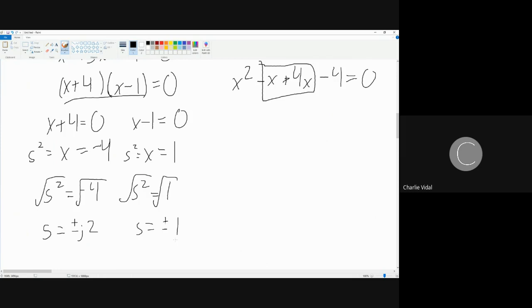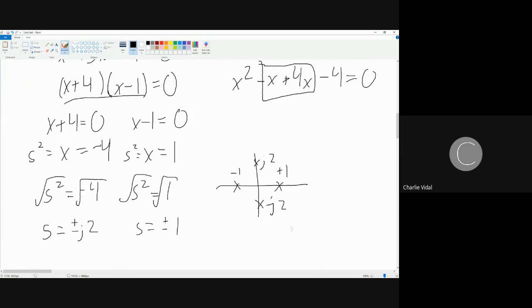With that, now you can fill in the rest of the rows. So just to give you guys an idea, let's actually plot these numbers. So we have +1, we have -1, we have plus j2, and we have minus j2.